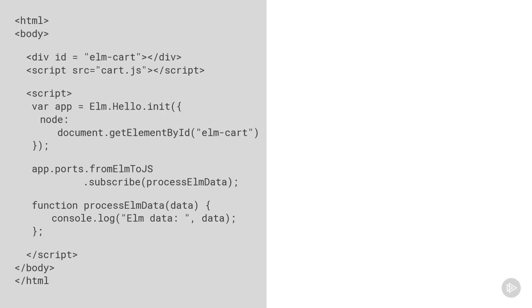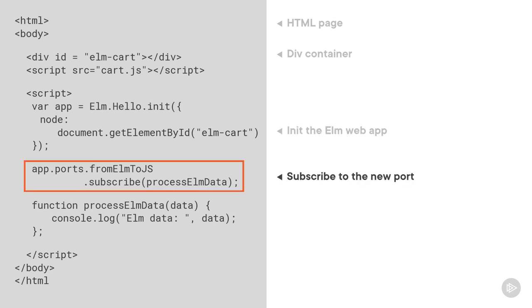Let's say we have the same basic HTML page with a div container and the same JavaScript code as previously, including JavaScript code to initialize the Elm web app to run in the Elm cart div container. To consume data arriving via Elm ports, our JavaScript code needs to subscribe to the new port. Notice that the port name must be the same in both Elm and JavaScript code.